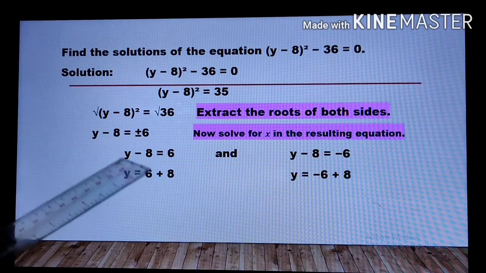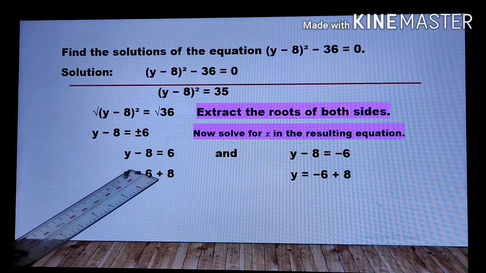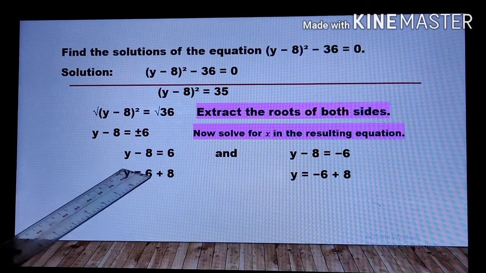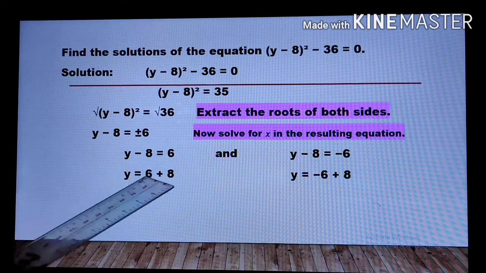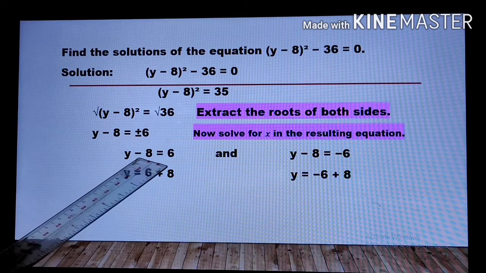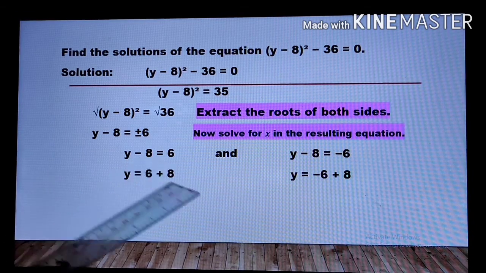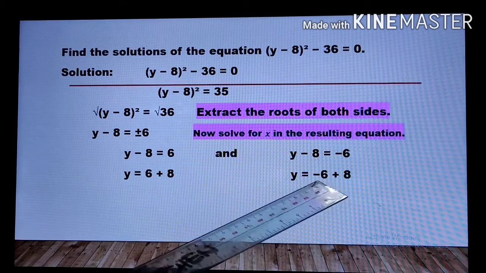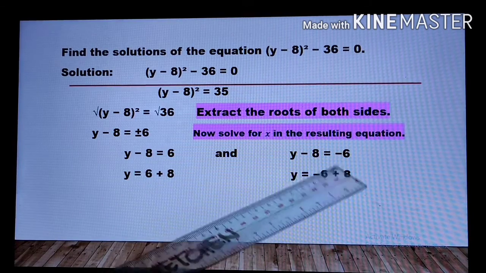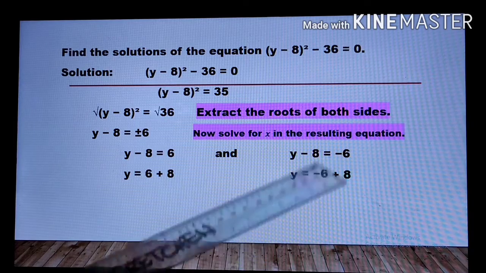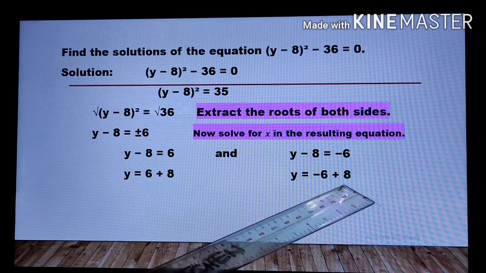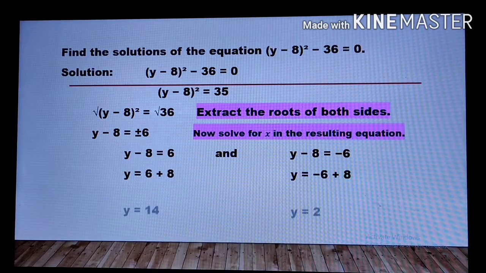Then, next, mananatili lang yung y sa left side, y is equal to copy 6, yan. Then, from negative 8, since ita-transpose natin siya to the right side, magiging positive 8, yan. Then, ito naman, y is equal to, copy lang negative 6, then from negative 8, magiging positive 8.